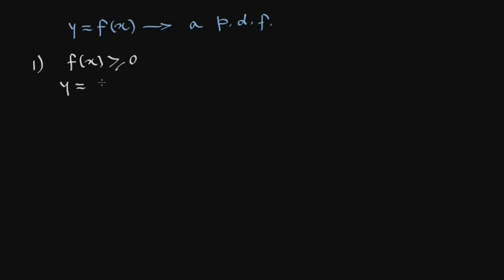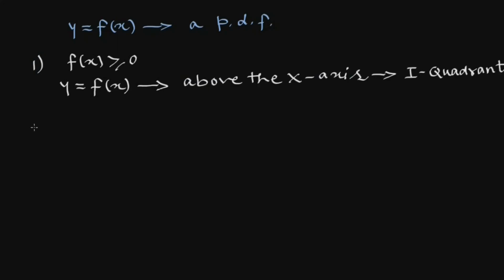Now we will see how to check whether a given function y = f(x) can be a probability density function. First, the function should be positive and the curve of y = f(x) should lie above the x-axis in the first quadrant. And secondly, the total area under the curve and the x-axis is 1, which means the integral of f(x) dx from minus infinity to plus infinity is 1.